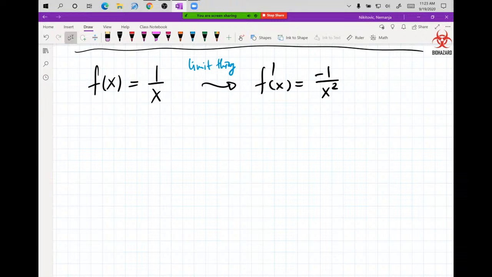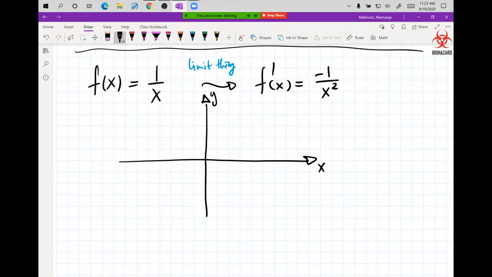Anyway, if I am to draw these two functions on separate graphs, I don't really get a lot of input. But if I draw these two graphs on the same one, we have some input. And we can find one more thing. Now, first of all, 1 over x has this vertical asymptote here.